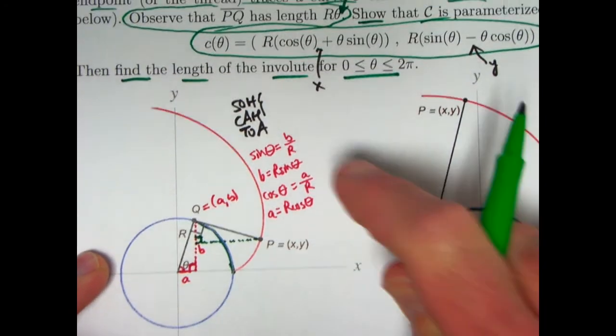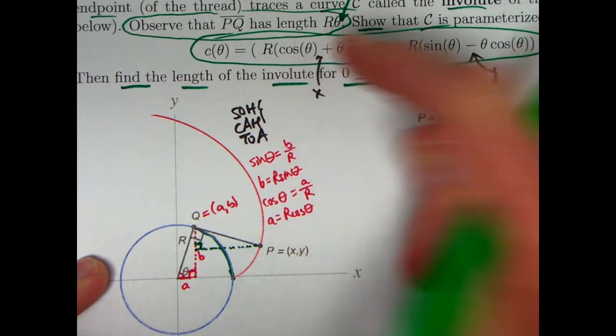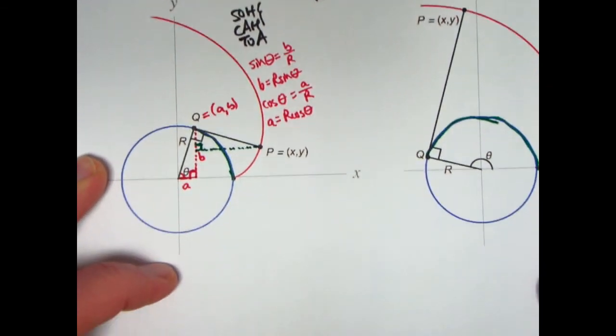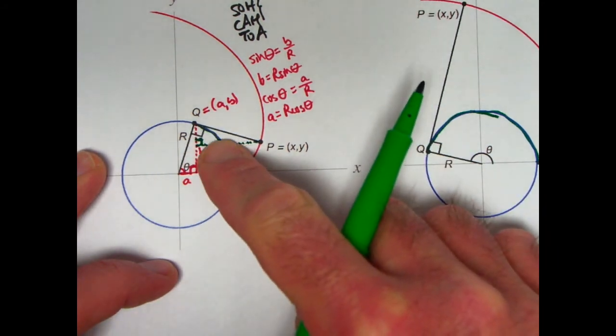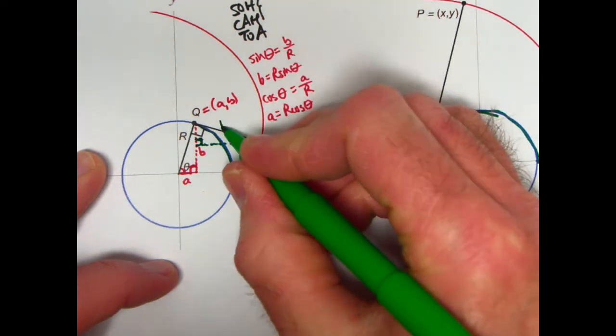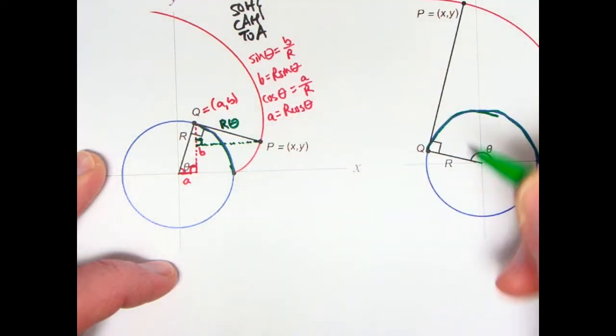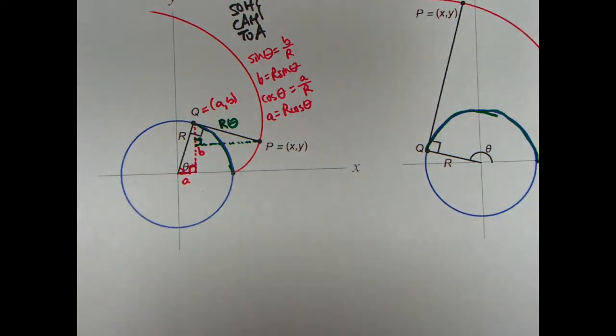Remember, the line segment from P to Q has length r theta, not r. So even though these look like they could be the same length, or maybe this one's slightly longer, they are indeed, in general, different lengths. This is length r theta. So these triangles are not congruent unless theta happens to be 1 radian, which is about 57 degrees, I believe.